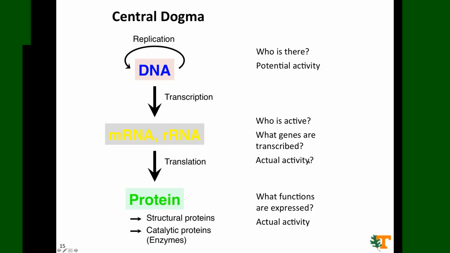And this could potentially give us information about the actual activity, not just potential activity. But there are some problems with the RNA approach, and I'll mention it in a second. You could also look at proteins. That means what functions are really expressed. What's the phenotype? And that tells us about the actual activity of the organism of interest.